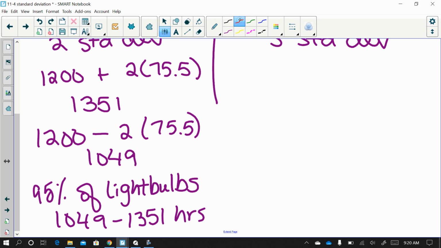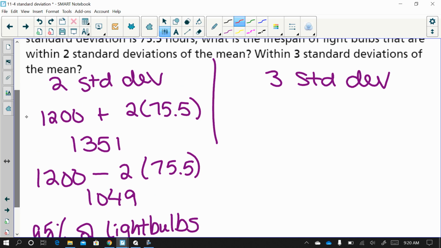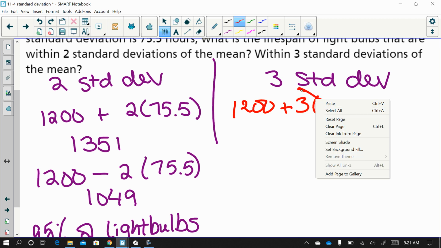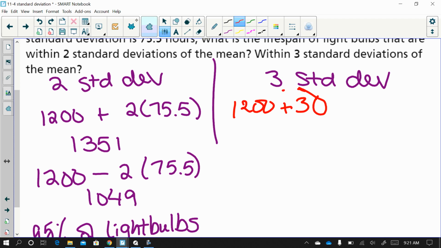Now let's look at 3 standard deviations. Same process, but instead of times 2, I want 3 standard deviations. Sorry, pen's messing up on me. So 1200 plus 3 times 75.5, I get 1426.5.